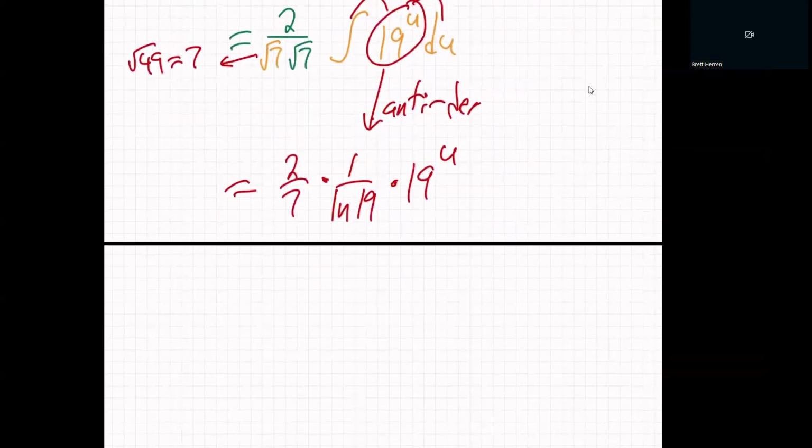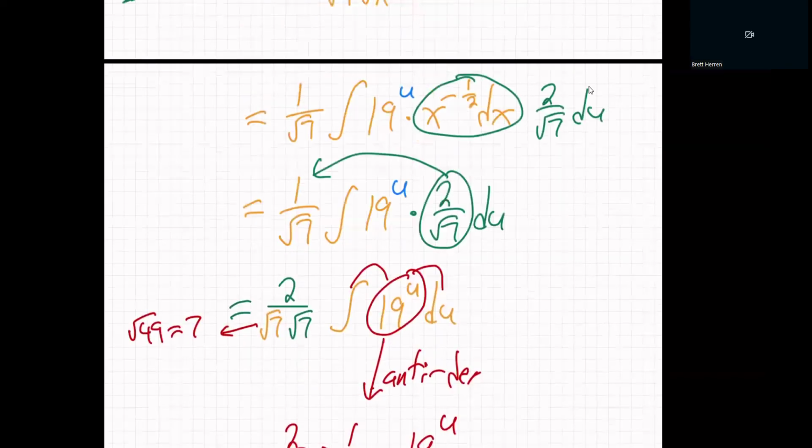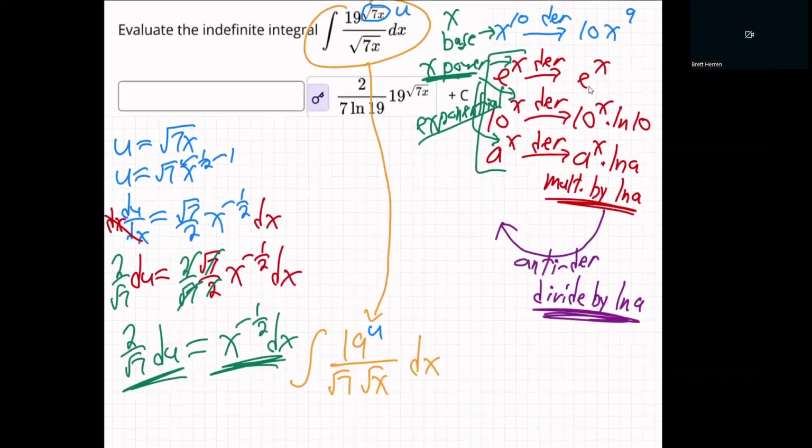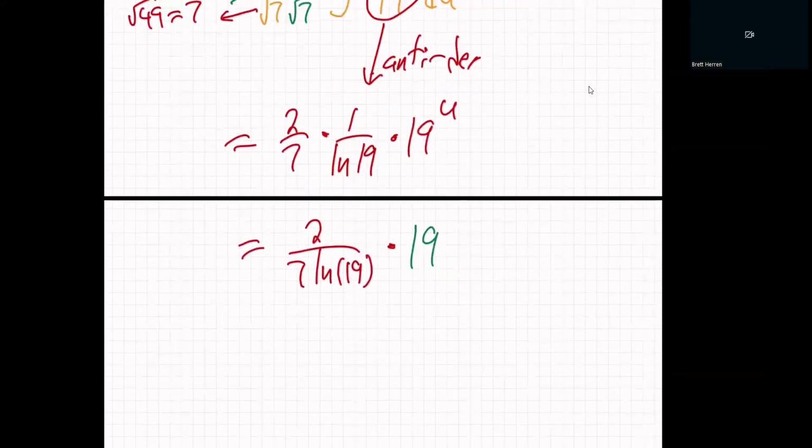That's the antiderivative. So there's basically our answer. We're just going to go 2 over 7 ln 19, times 19 to the u. And what was u from the beginning? U was root 7x.